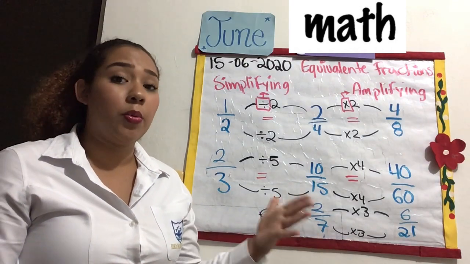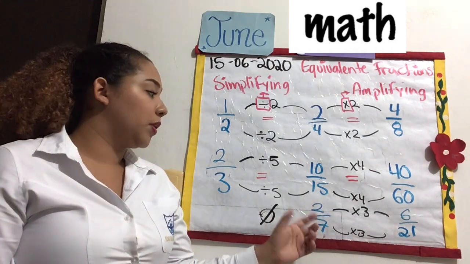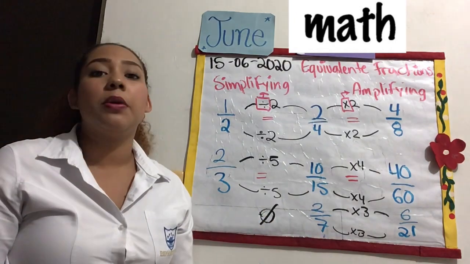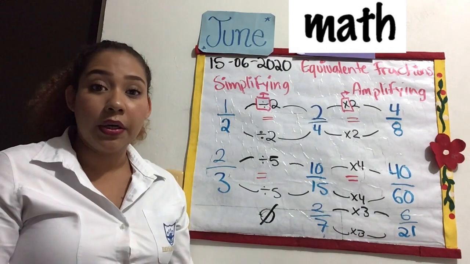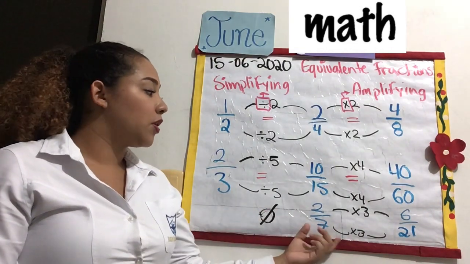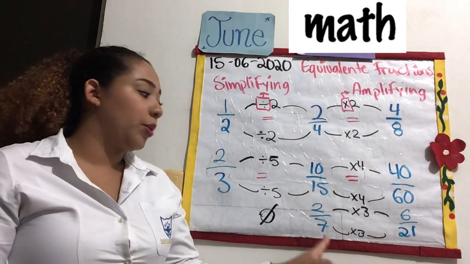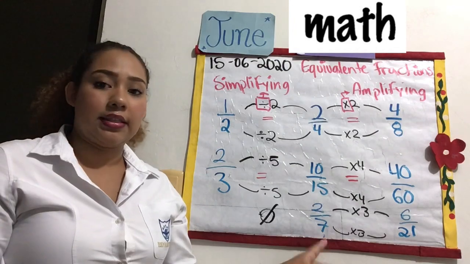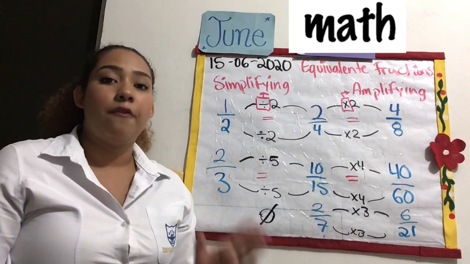No, you will have a decimal result. So here you cannot simplify it. This fraction is similar to the one you have in the book, I think you have it in the concept box that we just read. So this fraction we cannot simplify. We can only amplify it and it will stay like this. This is the only equivalent fraction.